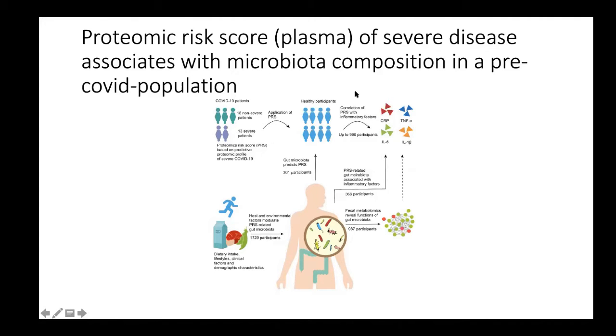There's really no data on the microbiota of the COVID-19 patients. And these proteins strongly correlate with inflammatory factors like CRP and IL-6. So I think it's really pushing it to say that this suggests that the microbiota predicts severity of disease, because there are so many other things in this situation that determine the degree of inflammatory markers.